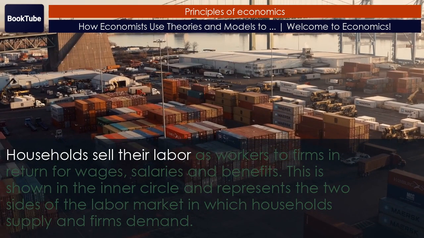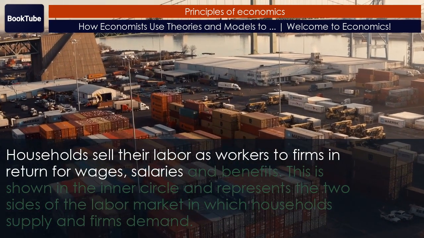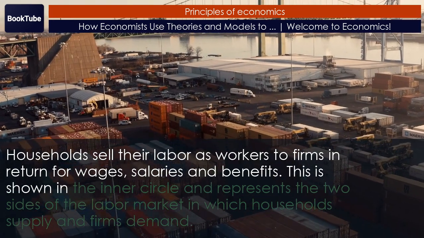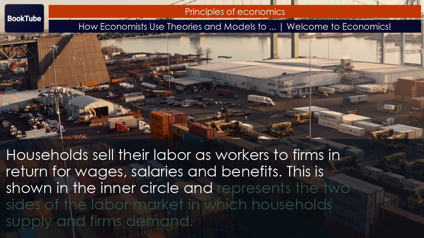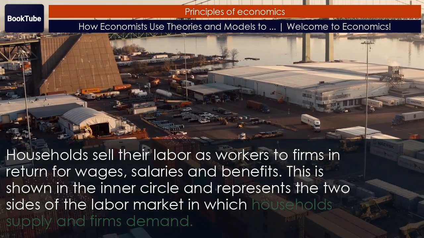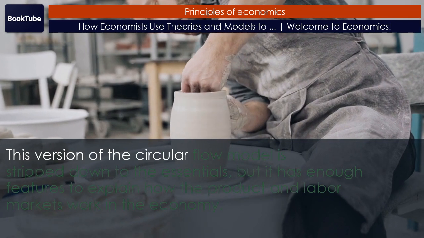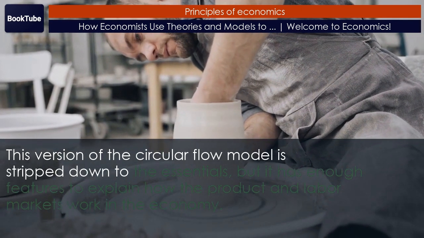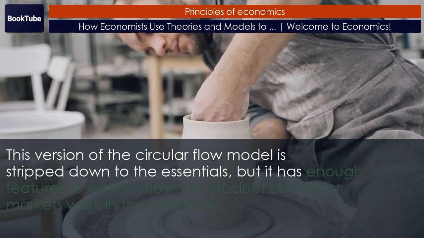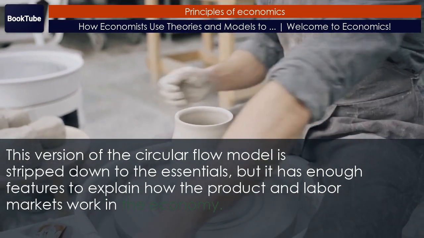Households sell their labor as workers to firms in return for wages, salaries and benefits. This is shown in the inner circle and represents the two sides of the labor market, in which households supply and firms demand. This version of the circular flow model is stripped down to the essentials, but it has enough features to explain how the product and labor markets work in the economy.